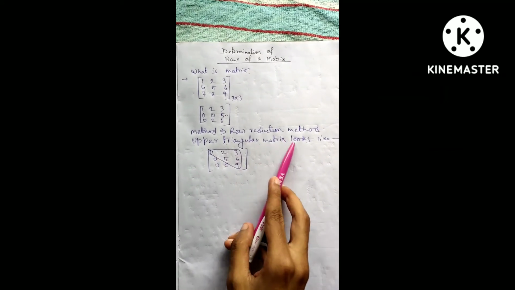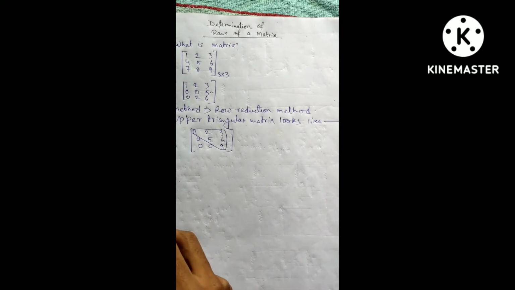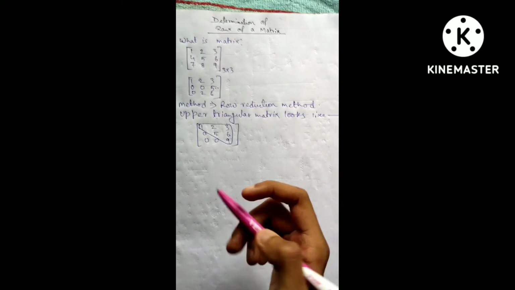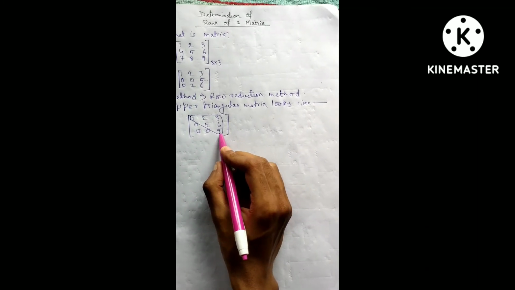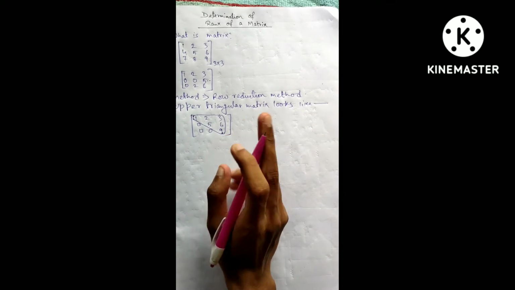The upper triangular matrix looks like this. Okay, but to determine the rank of the matrix, this element is obviously 0. This element is obviously 0.